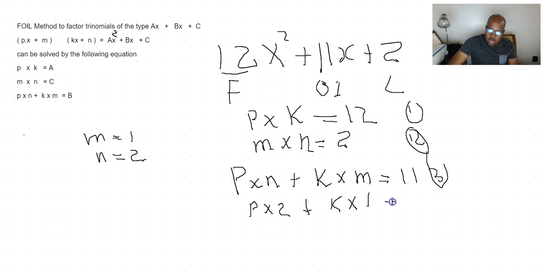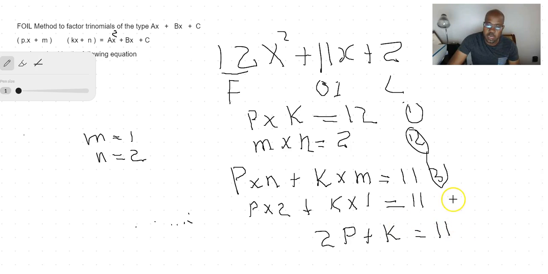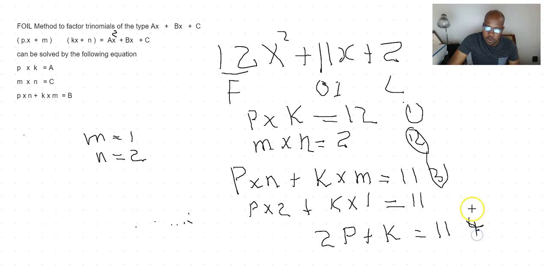K times 1 equals 11, which means I have 2p plus k equals 11. So I end up with another equation, which I can call equation 4.